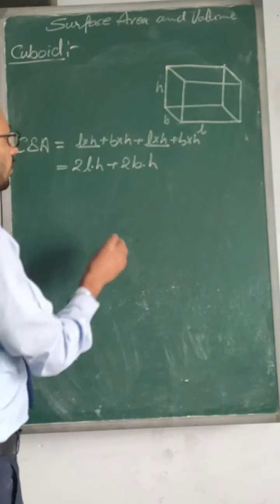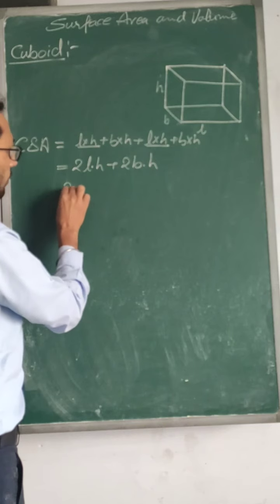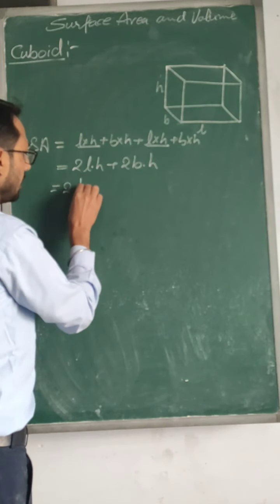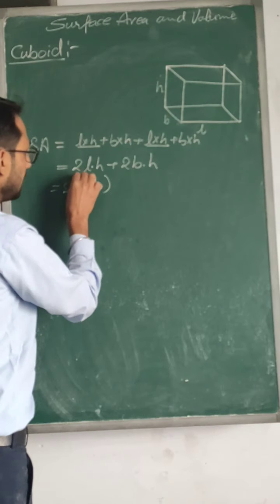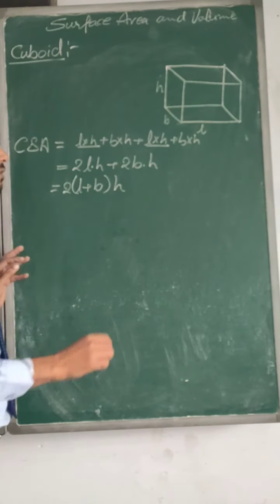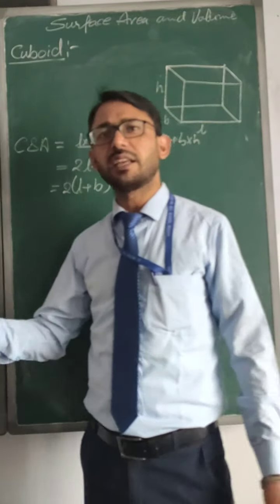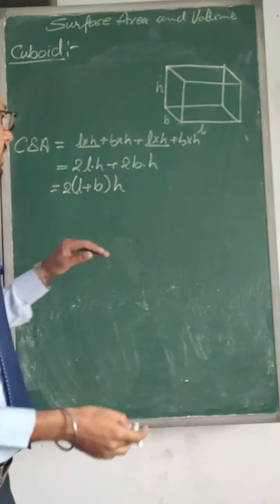What could we take common from this? 2 and H I could take common, and we used to learn the formula in this way. That's why I have taken H on one side and 2 on the other side.